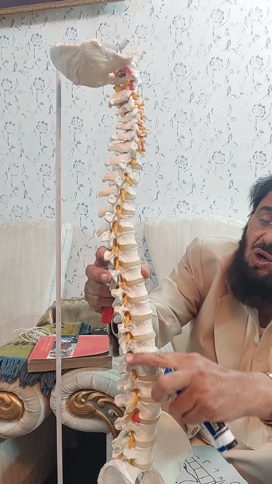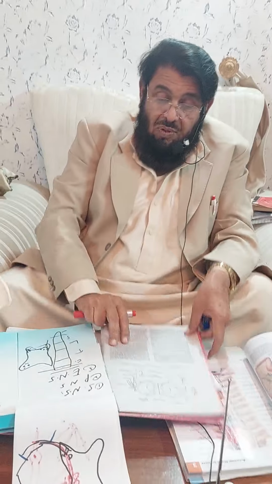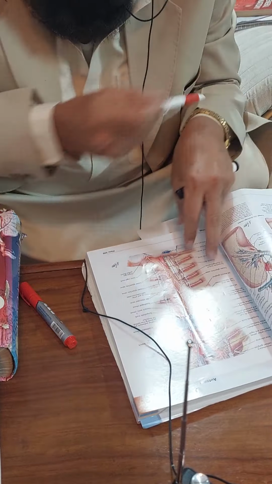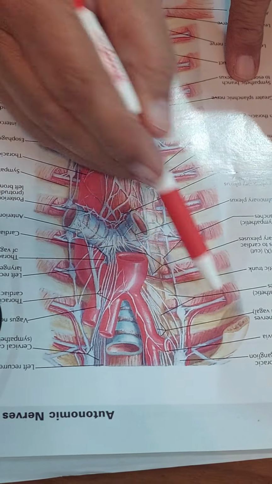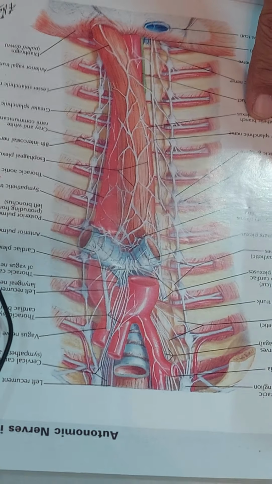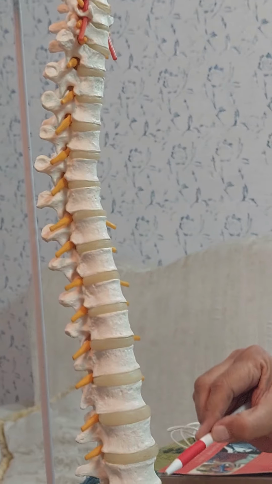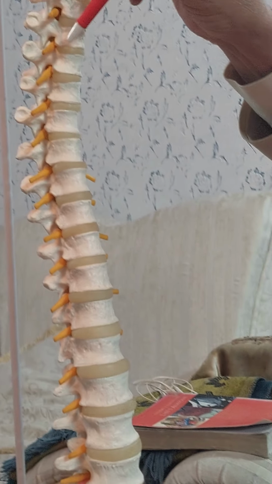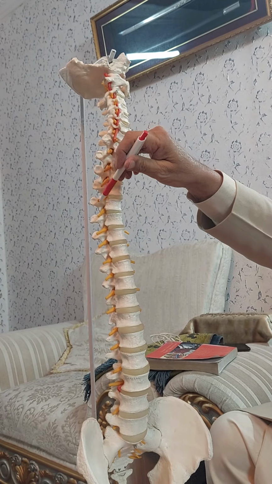Look over here, these are the ribs, these are the spinal nerves, and you can see this chain which extends from the base of the skull up to the coccyx on both sides, lying along the vertebrae, in the paravertebral region, over the transverse processes of the vertebrae.